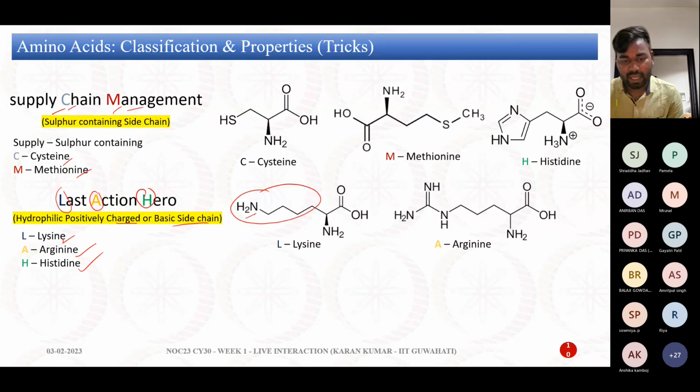Lysine has NH2 in its side chain. Arginine has a guanidine group. Methionine has this S-CH3 in its side chain, and cysteine has an SH group, which can form hydrogen bonds. Histidine is a very interesting amino acid.